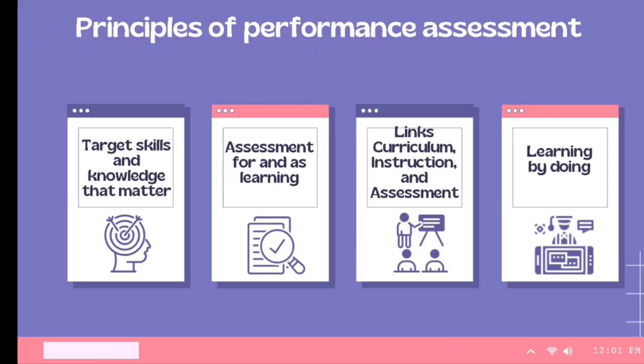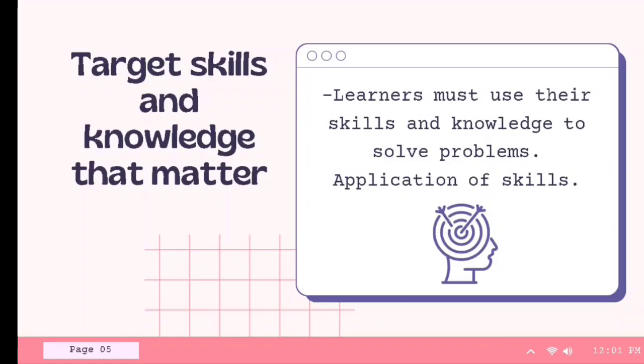Now let's proceed to the principles of performance assessment, which are target skills and knowledge that matter, assessment for and as learning, links curriculum and instruction and assessment, and learning by doing. First is target skills and knowledge that matter.